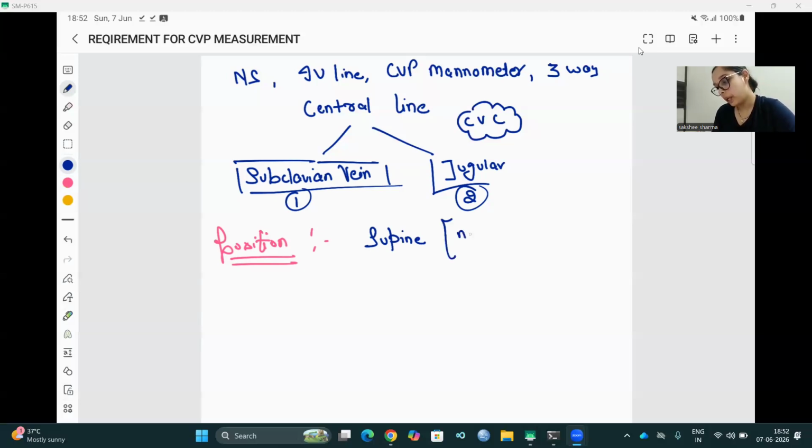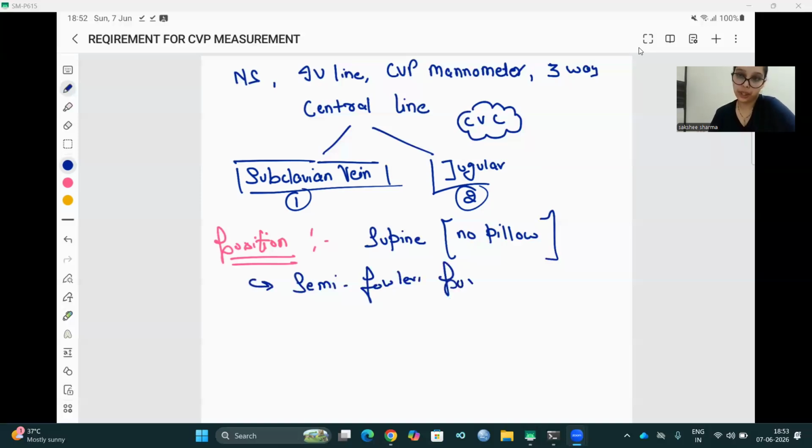We will learn why we need to make the patient lie in supine position and why we don't need a pillow. Understood? Now, if the patient is not cooperating in the supine position, then there must be some other position in which we can place the patient, right? So the other position is semi-Fowler's position.